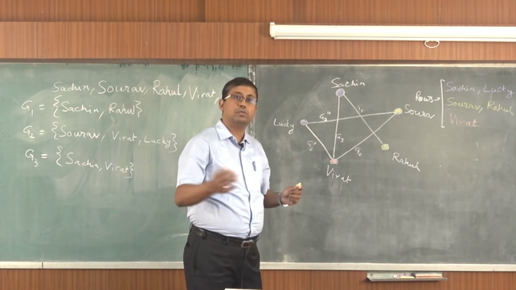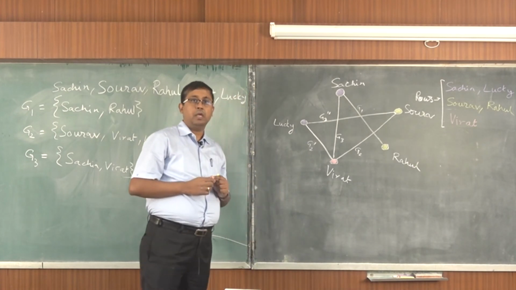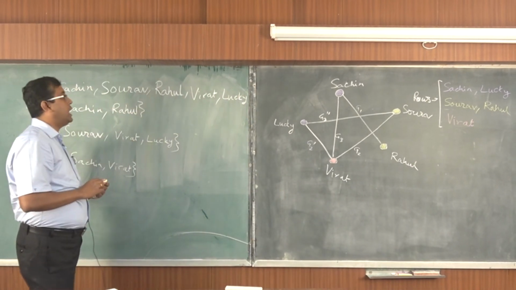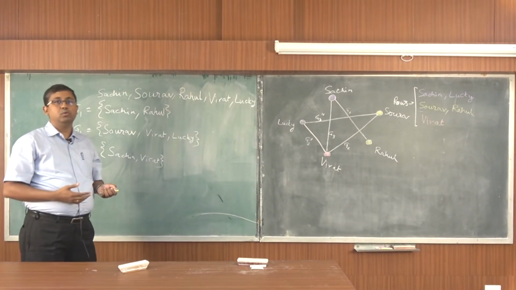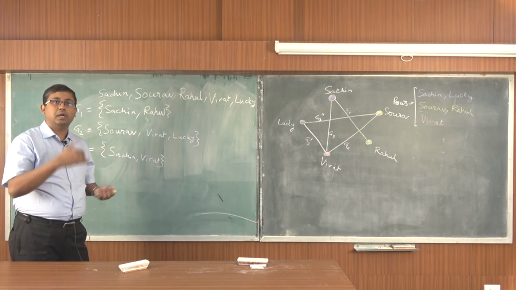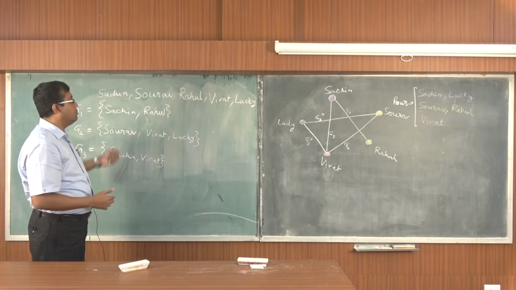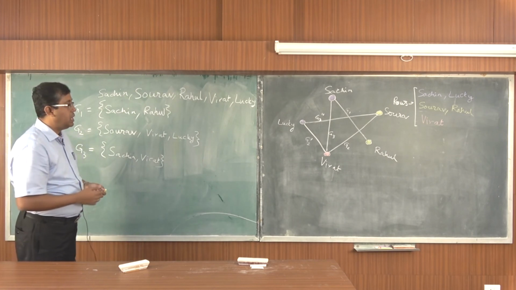And Virat has to sit in a third row, which is the red row. Okay, so this is the way we can find out in a very optimal and easy way how to have the different students sit in the different rows based on whether they talk with each other or not so much.